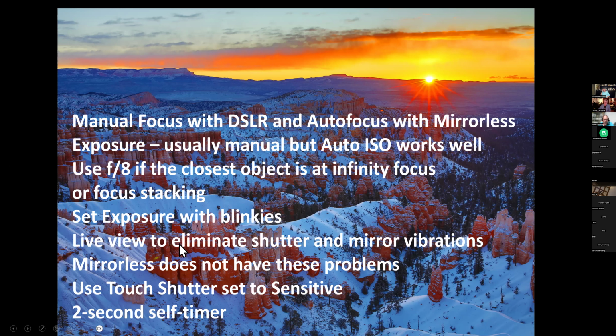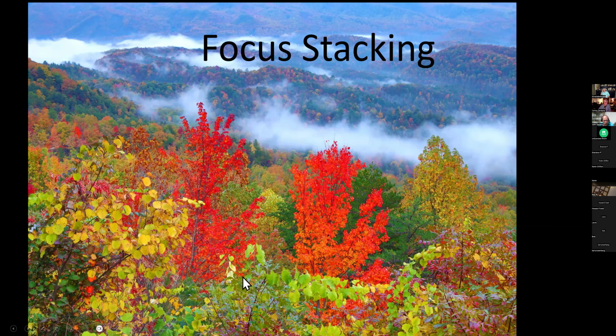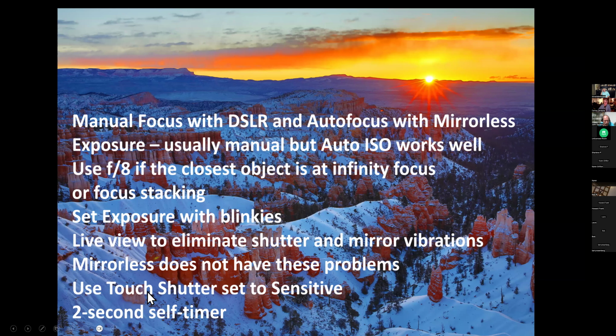And with the DSLRs, I had to use live view a lot, because then the shutter is already open and the mirror is up. Otherwise that would cost you sharpness, because it causes vibration. And of course, with mirrorless, you don't really have that problem. And then I use the touch shutter a lot.